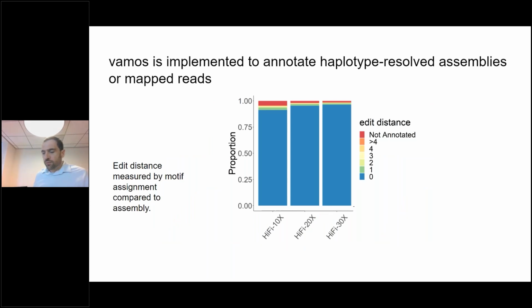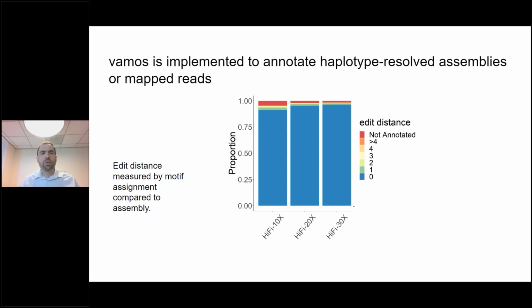One closing item to talk about: the pipeline runs on haplotype resolved assemblies. If you have high enough quality data, that's always the best way to go, in my opinion, because you don't have any real questions on whether you're mixing different haplotypes when you're trying to call a variant.